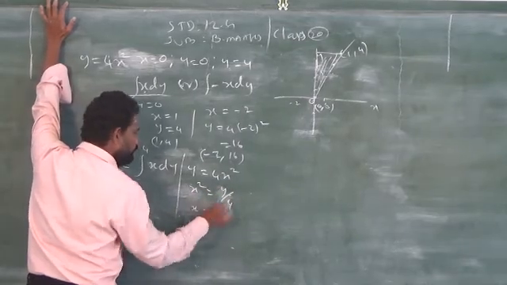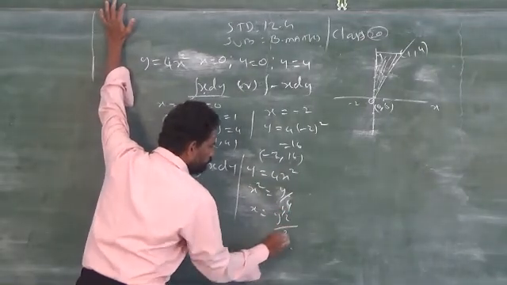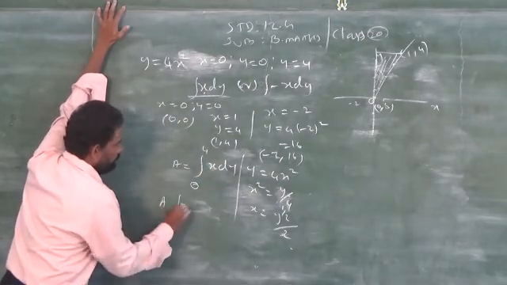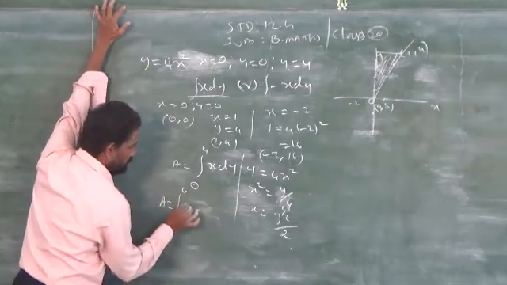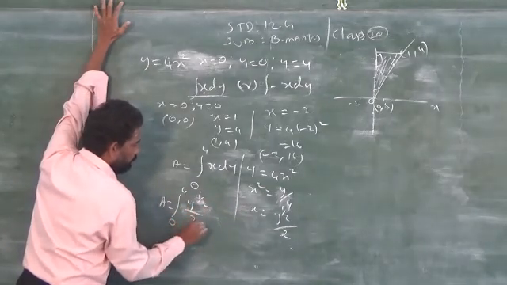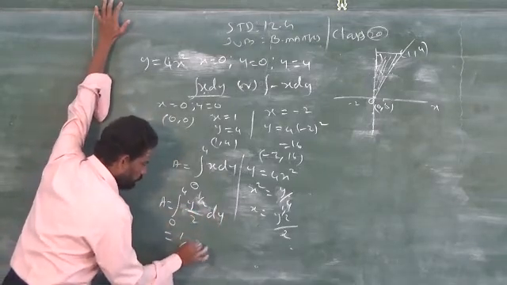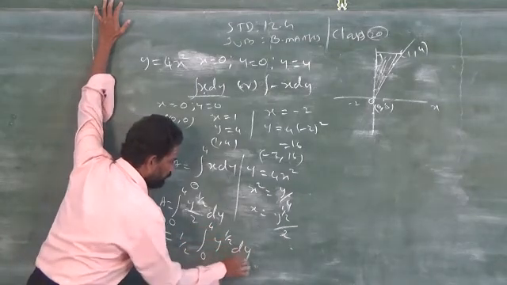X is equal to, you will take the square root, y power 1 by 2, by 2. Just replace here, from 0 to 4, this x is y power 1 by 2 into dy. So you take 1 by 2 outside, integration 0 to 4 y power 1 by 2 into dy.